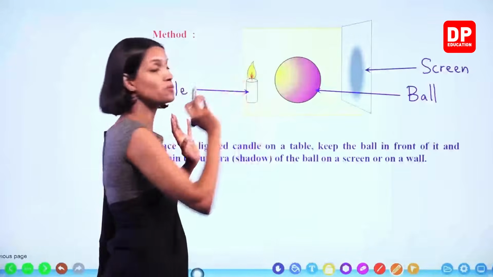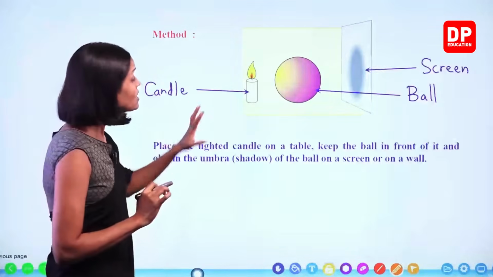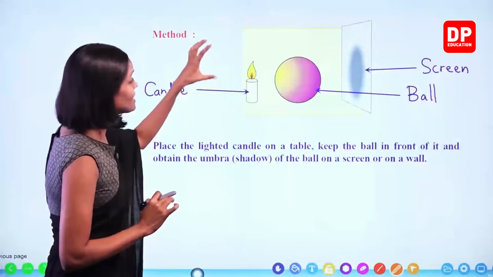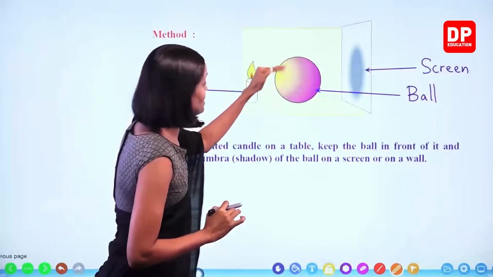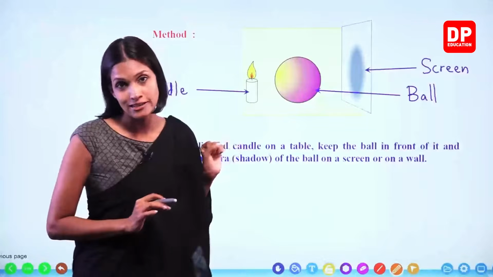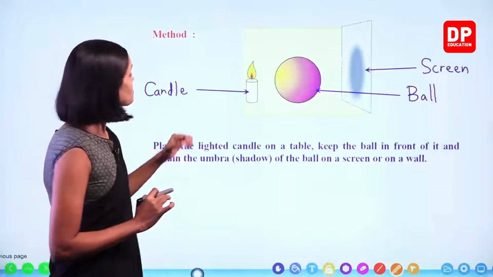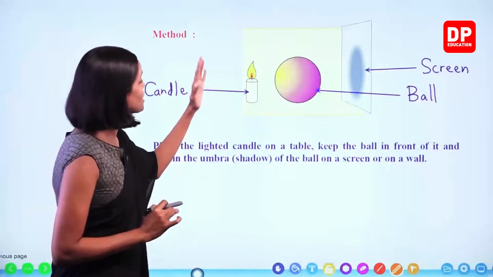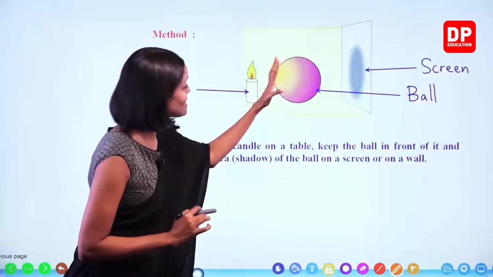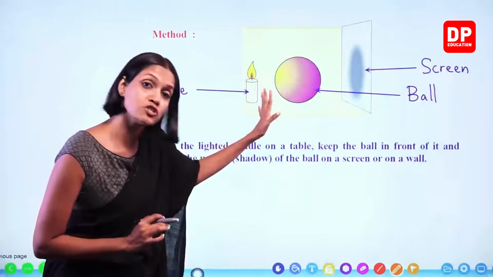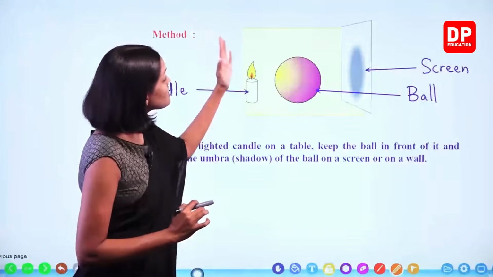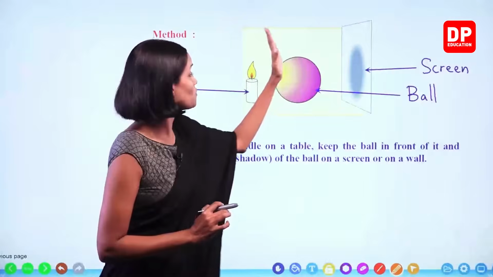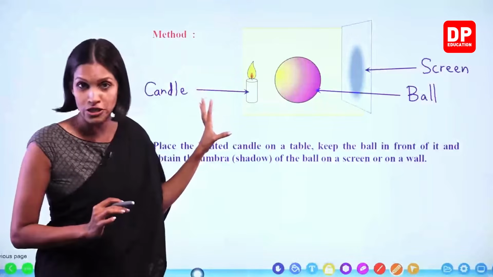Through the edges of the ball, light can pass through, right? So because of this reason, according to the shape of the ball, the shadow is formed here. Right, children? So what is the reason for the formation of shadows? When light falls on opaque materials, because light cannot pass through these opaque materials, a shadow of that object is formed on the other side of the object.